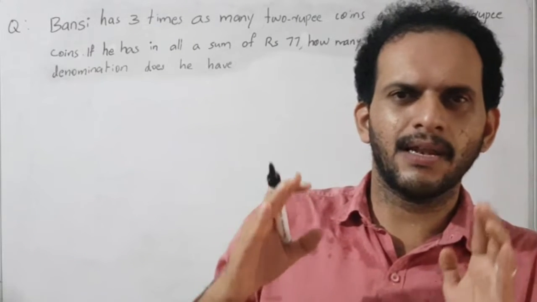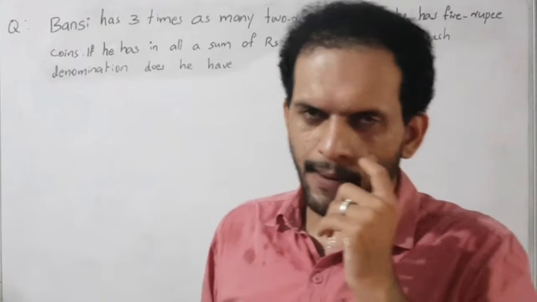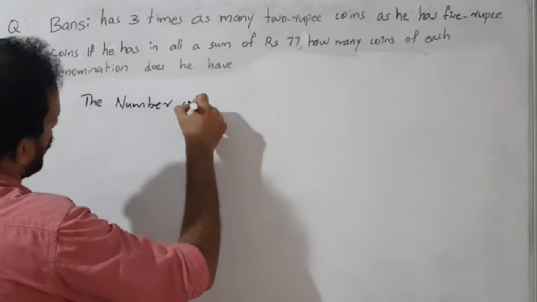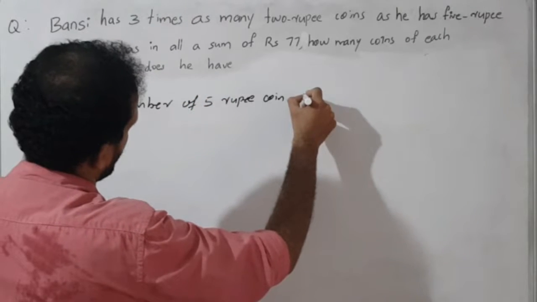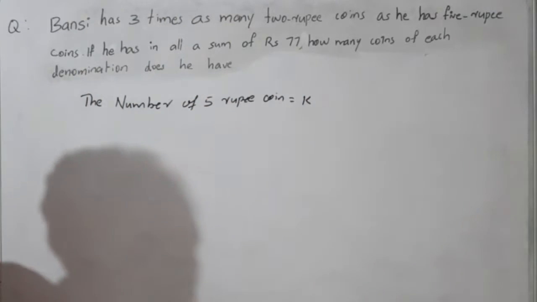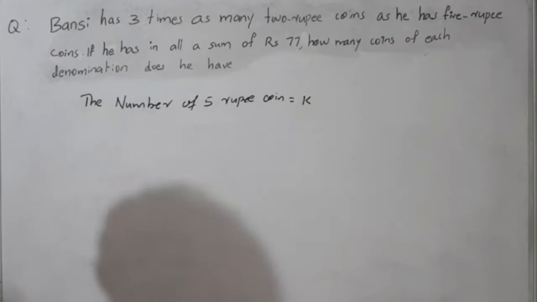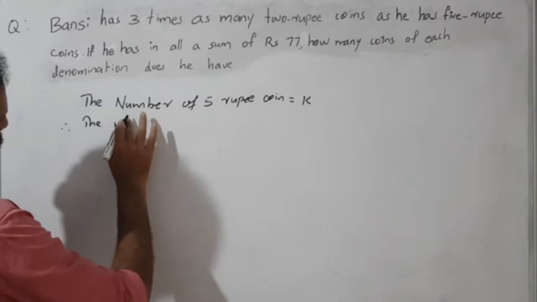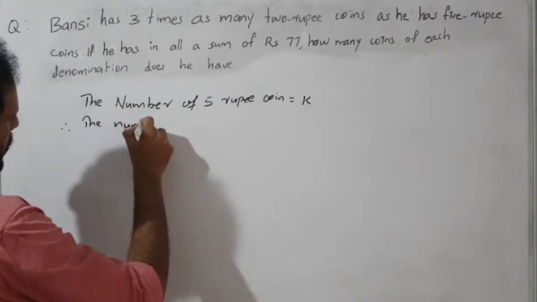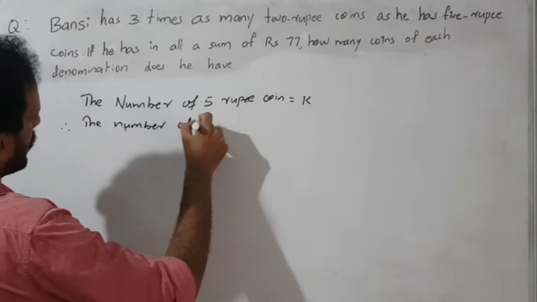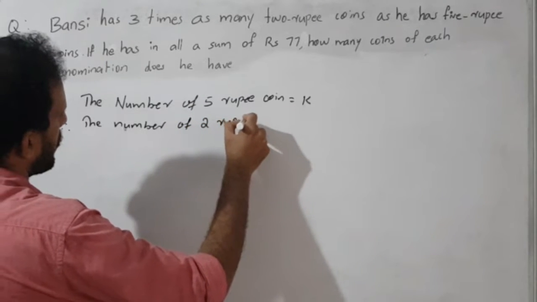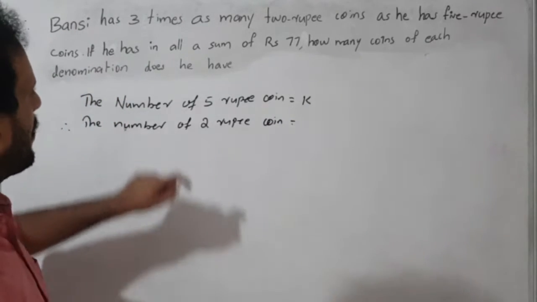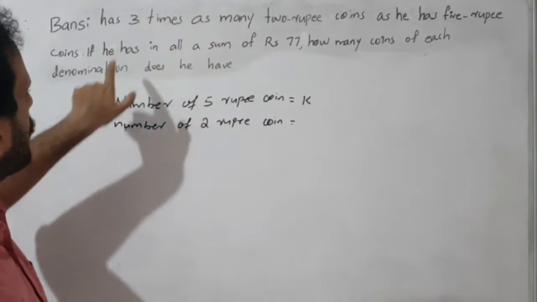So here we take the number of 5 rupee coins as the variable. Okay, so we started like this. The number of 5 rupee coins, I choose the variable as k. Therefore the number of 2 rupee coins is equal to, then what is the relation of number of 5 rupee coins and number of 2 rupee coins?